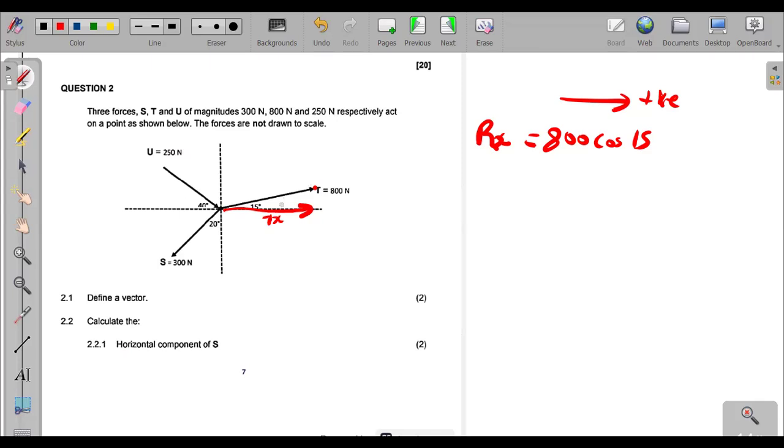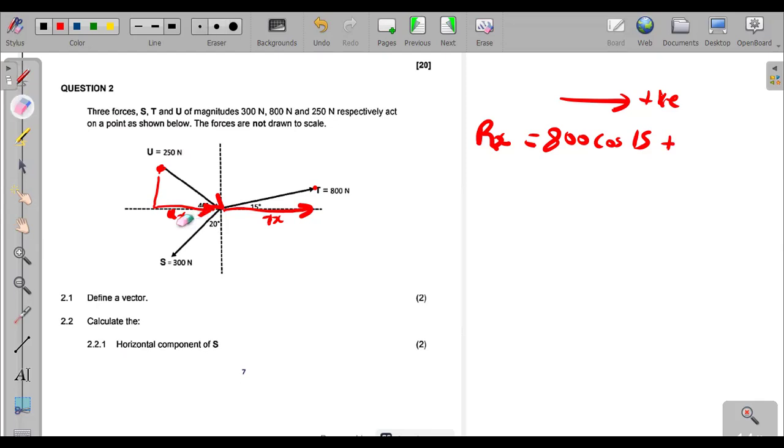Then we happen to have the 250 Newton force, but do take note of the 250 Newton. The arrow is pointing towards this point. That's where the arrow is. So from the tail here to the head, if we are going in this direction, it means Ux is acting to the right. Hence, it's not negative, it is positive. That's one other key important thing to note whenever you are dealing with vectors.